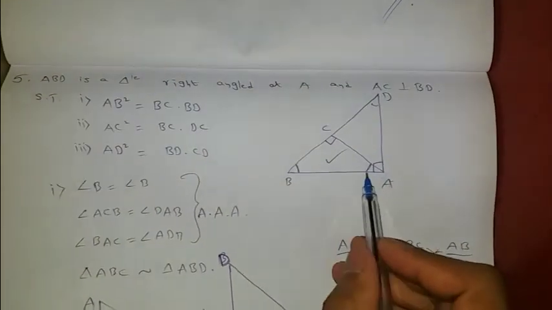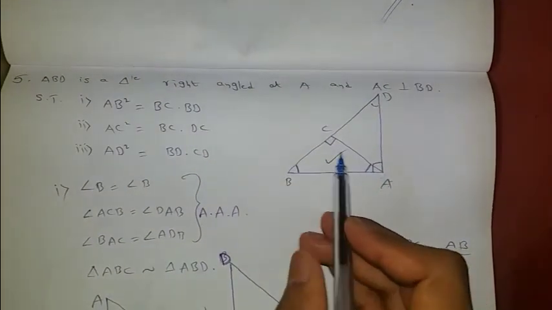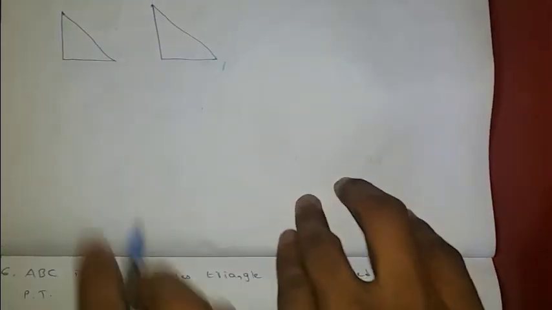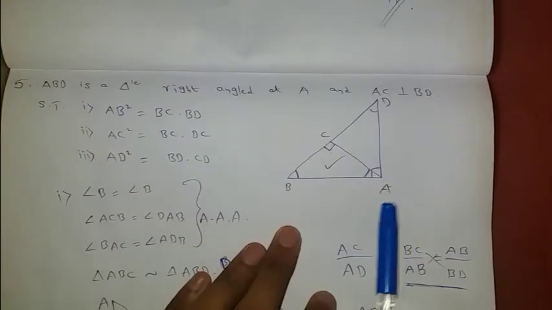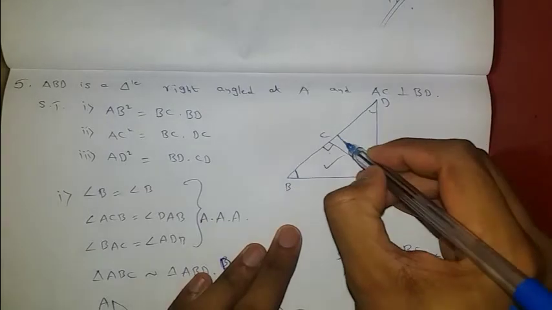The lower triangle has a right angle at C. So the lower triangle's right angle is at C. Next, the upper triangle's right angle is again at C. So this is also C again.